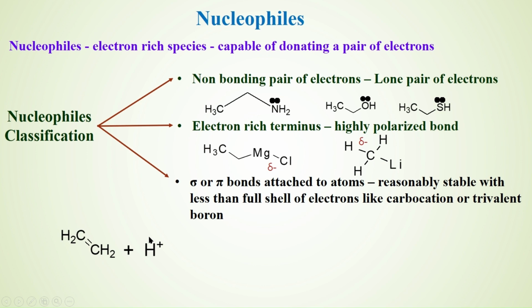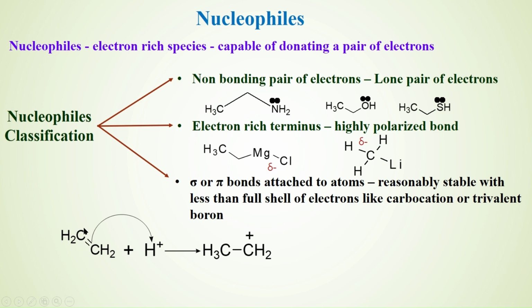In the presence of an electrophile, the pi electrons at the multiple bond move towards one carbon owing to the electropositivity of the hydrogen, and once these electrons move, the carbon here becomes electron rich and that combines with H plus. Once this combines, it forms CH3CH2 plus.